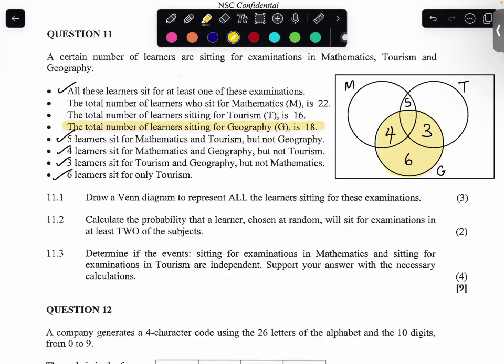So that whole circle needs to add up to 18, which gives me this missing part. Because I can say 18 minus 6 minus 4 minus 3 will give me this part. So 18 minus 4 minus 6, that's 8 minus 3 gives me 5. Am I right there?